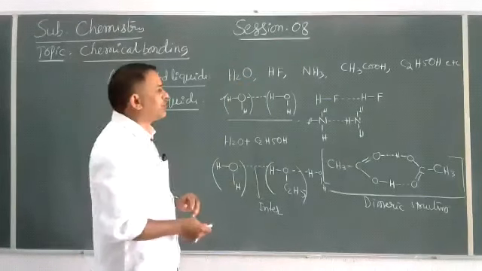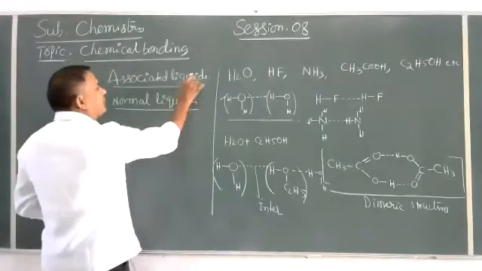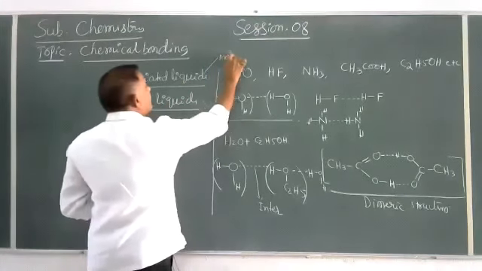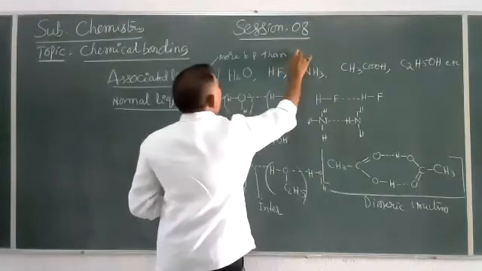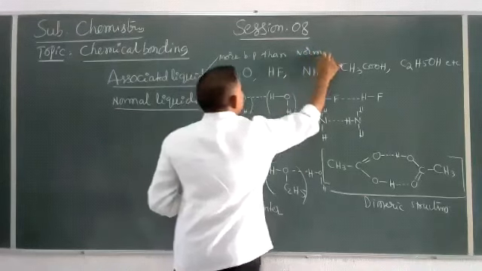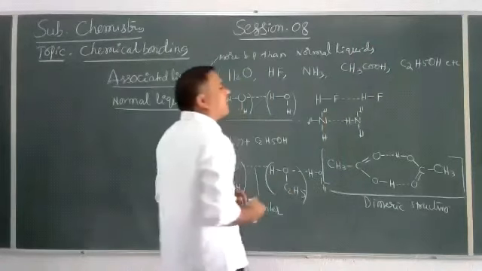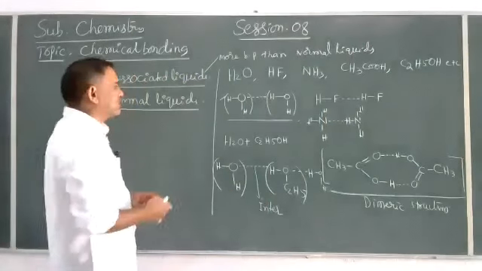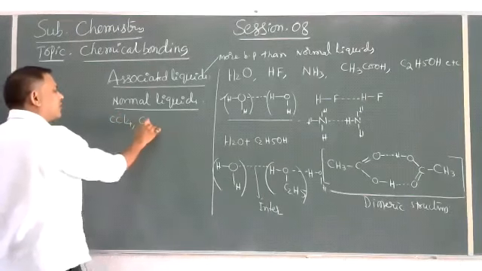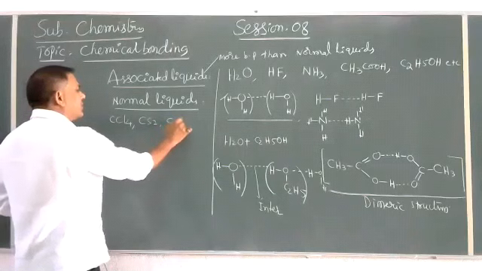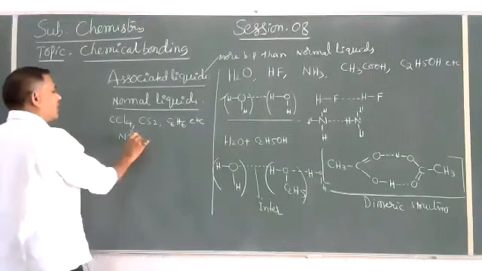associative nature, generally these associative molecules are liquids having more boiling points, more BP than normal liquids. Normal liquids generally are non-polar molecules. Such normal liquids are carbon tetrachloride, carbon disulfide, benzene; these are generally called normal liquids.